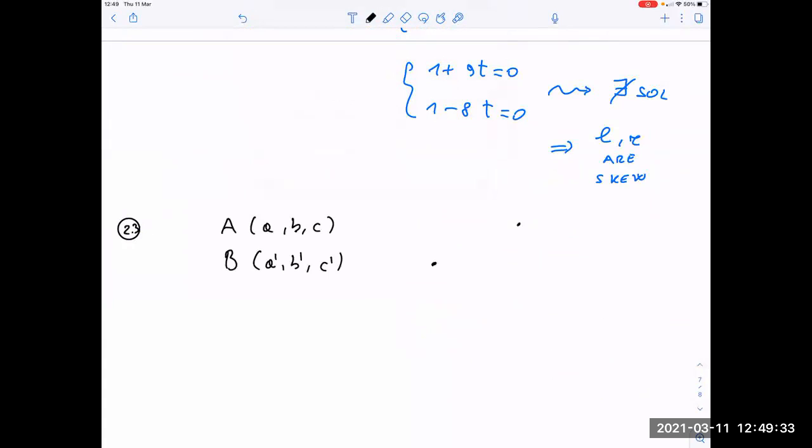So there is a unique line joining them. Well, no question about it. Can you find it? So compute L joining A and B.